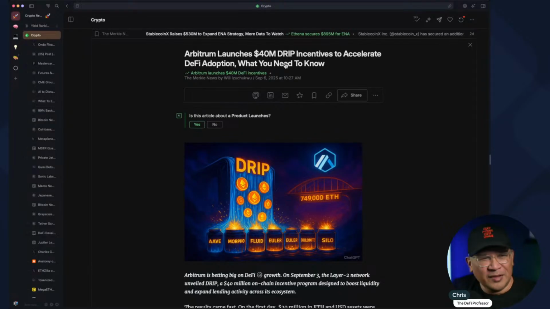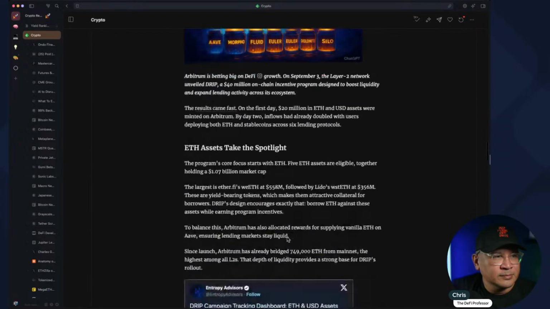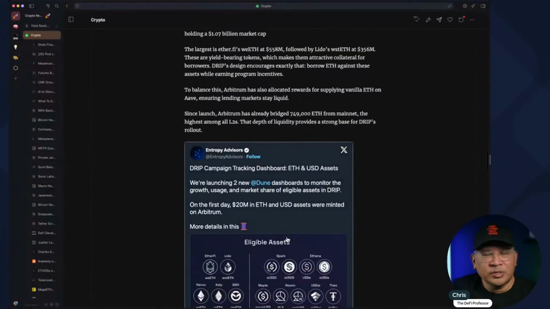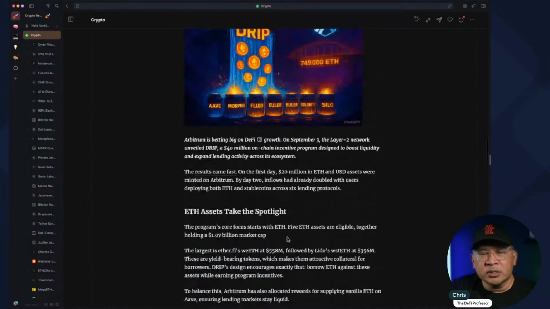More ARB being given out. Except it's not to GMX this time. It's mainly to these groups. Oh, this is unfortunate, ChatGPT has doubled. That's unfortunate. But they're daily rewards. The majority of them, if you go to the Drip website, is in ARB, which, however you feel about ARB is really up to you.